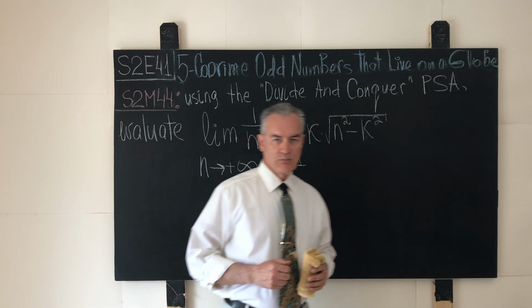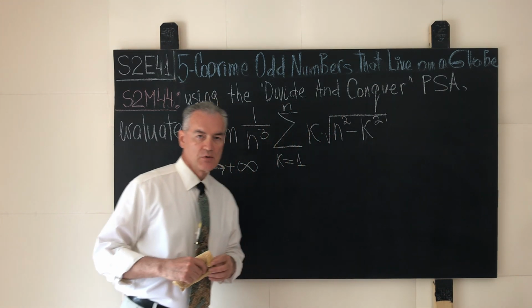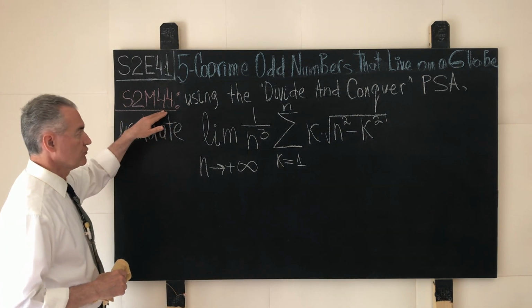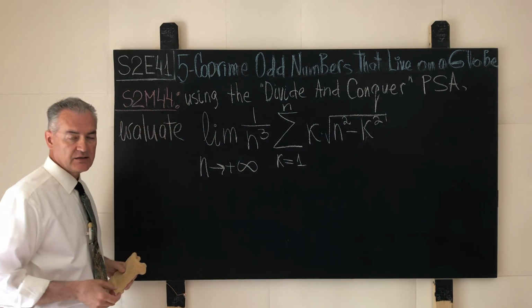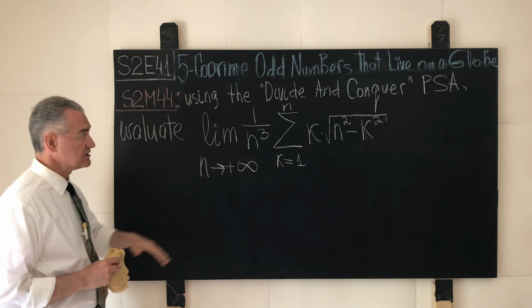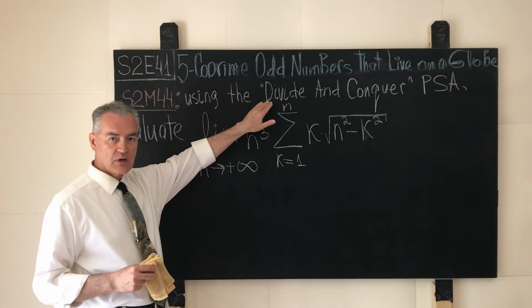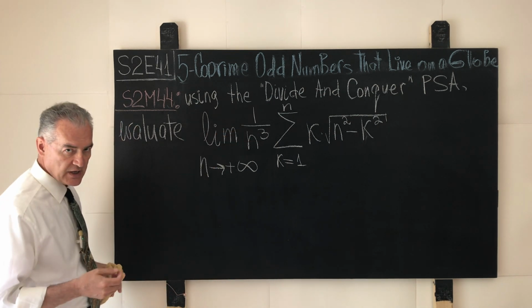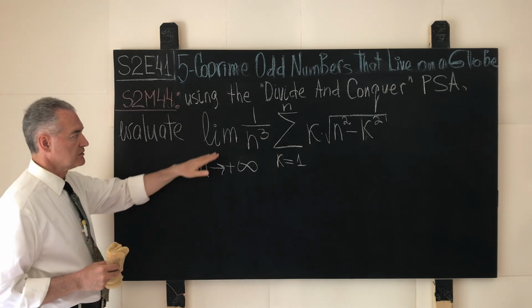Our next challenge will be also a mathematical problem. S2E41 is shown over here. And in that challenge, using precisely the divide and conquer problem solving approach, we're asked to evaluate the following limit.